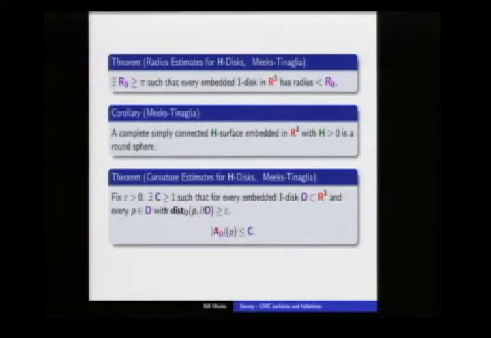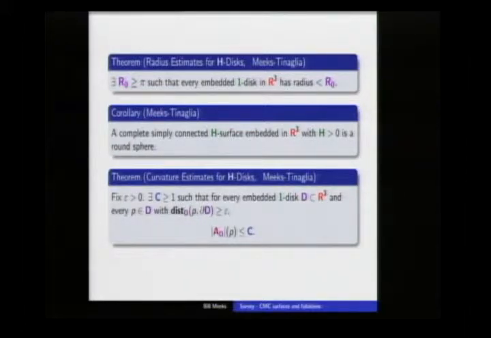The other thing is the curvature estimate. I'm going to state it this way, and then I'm going to state a different version of this, and I'm going to focus on that different version. This is easier to understand, and I have fewer constants. I have an epsilon.